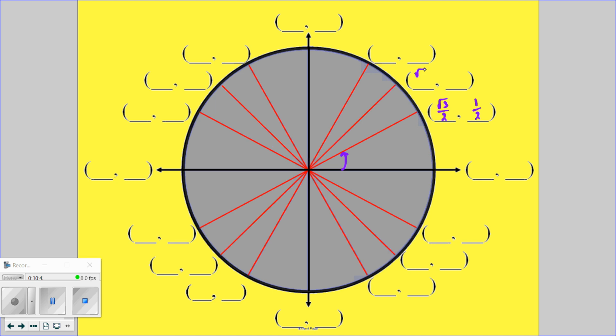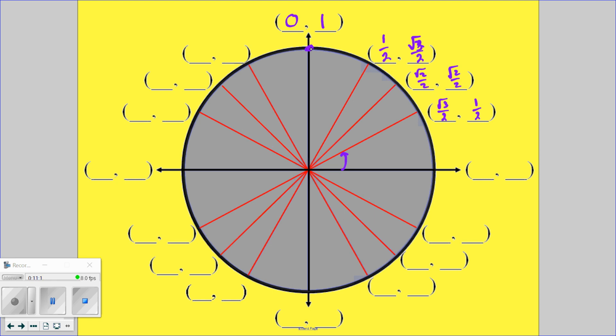At 45 degrees, it was radical 2 over 2 for both x and y. For 60 degrees, it took our 30-degree coordinates and swapped the order. And then up at 90 degrees, we had x value of 0 and a y value of 1 because our radius is 1.